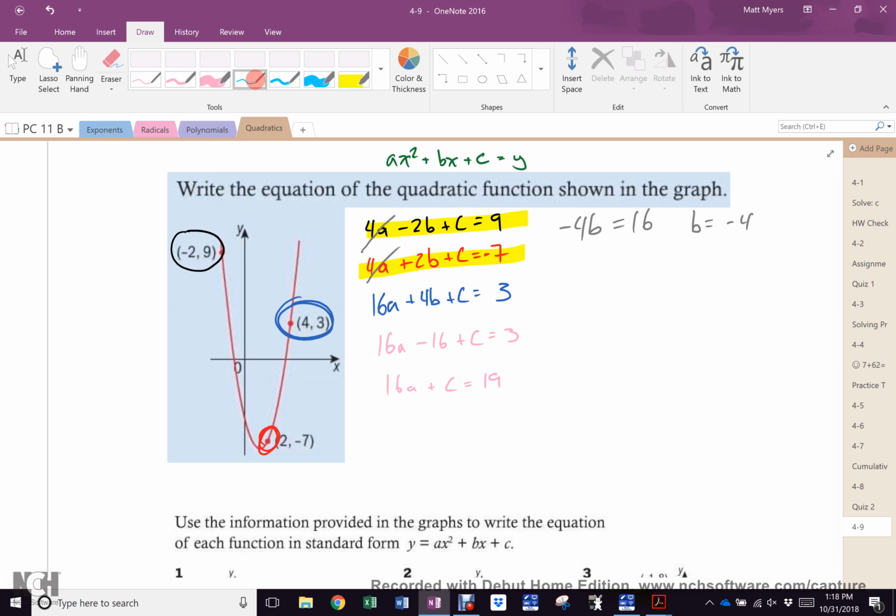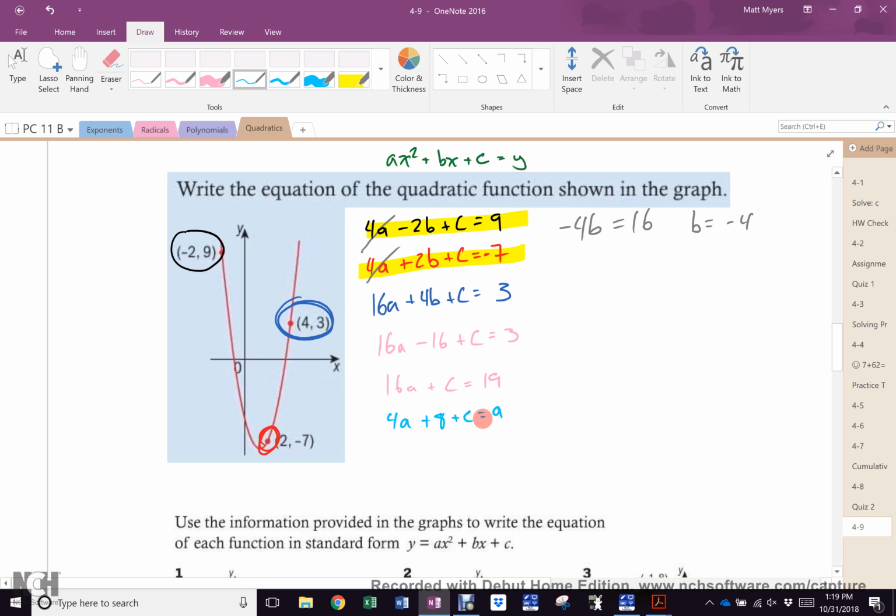And then does it matter which one of these I use? Doesn't matter, does it? As long as I put b in for one of those b's. I'm going to use this one. 4a. What's negative 2 times negative 4? Plus 8 plus c equals 9.